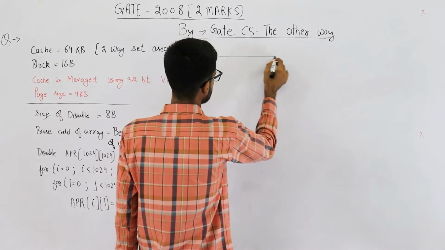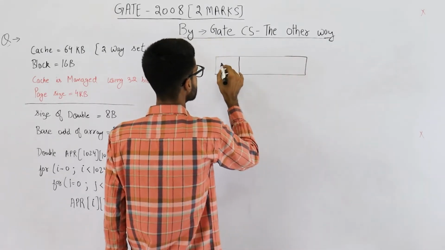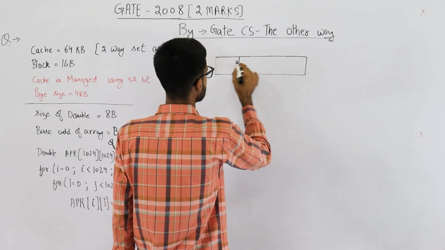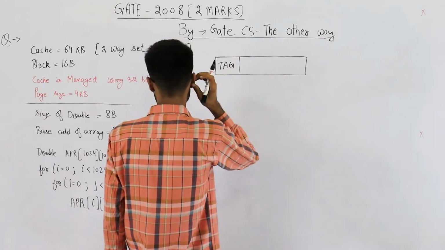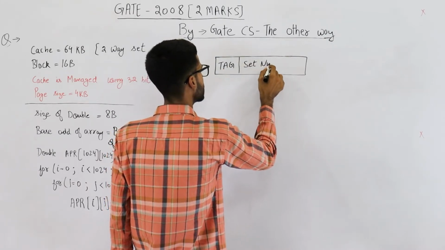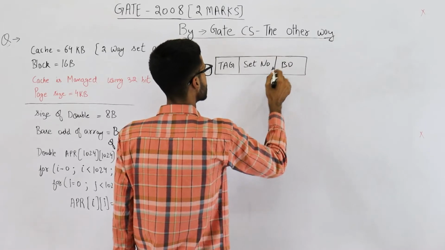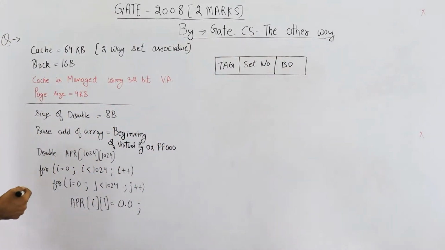So, you know, the address is divided into three parts with respect to set associative mapping: the tag bits, the set number, and the block offset. First of all, let's find the split of this address.